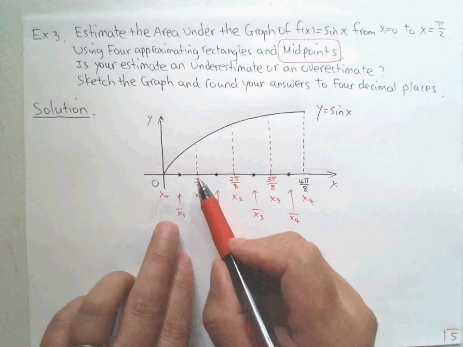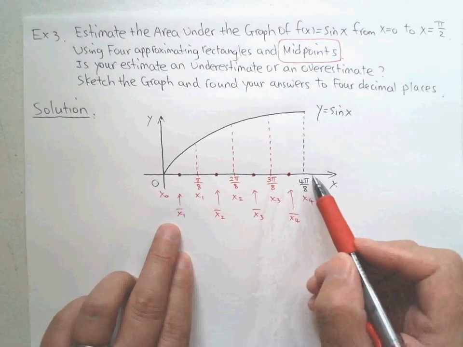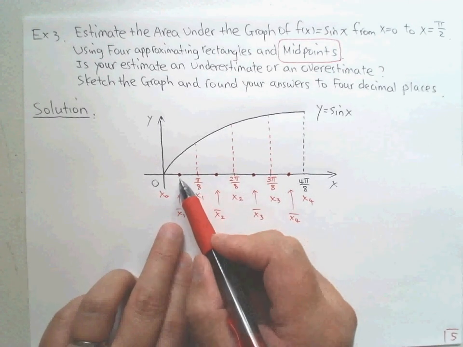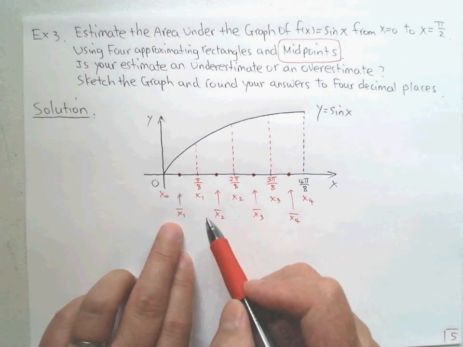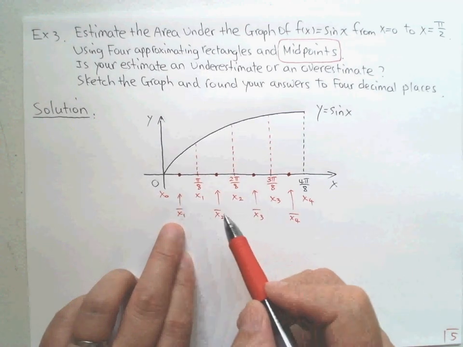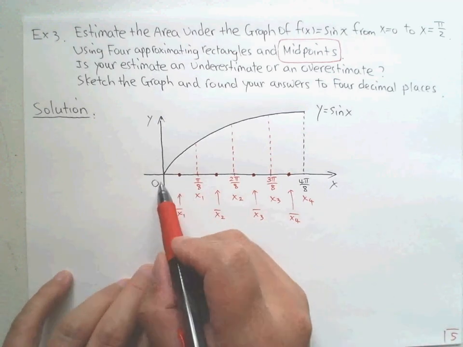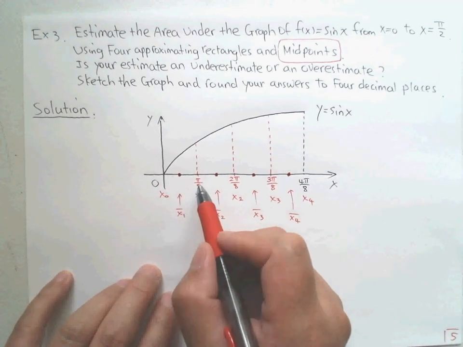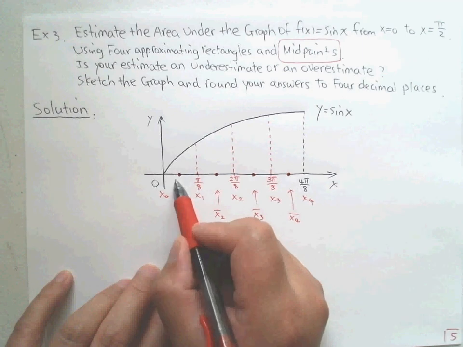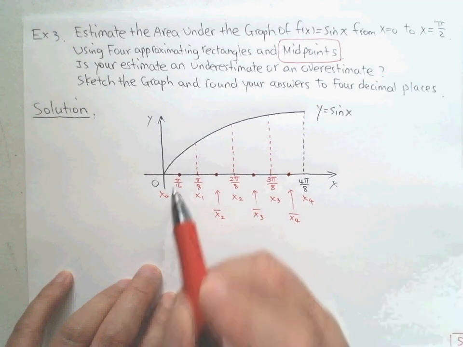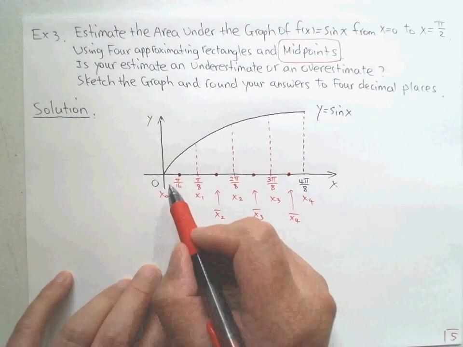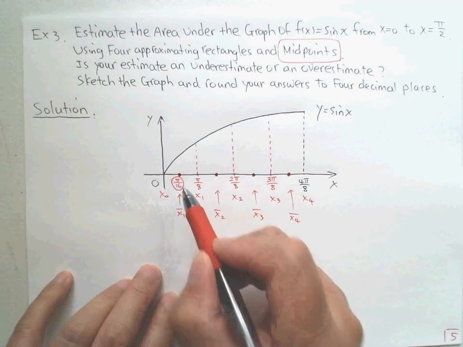Middle point, I already put the graph here. So x0, x1, x2, x3, x4, all we know, but we don't know the middle points, right? So you need to find the middle points, x1 bar, x2 bar, x3 bar, x4 bar first. This is easy to find. The first one: 0 and pi over 8, the average is pi over 16, right? We find this point.